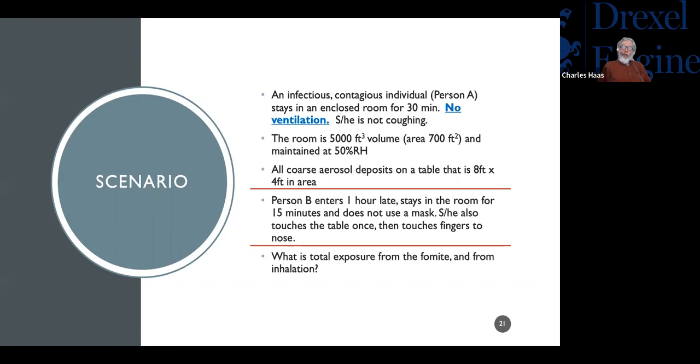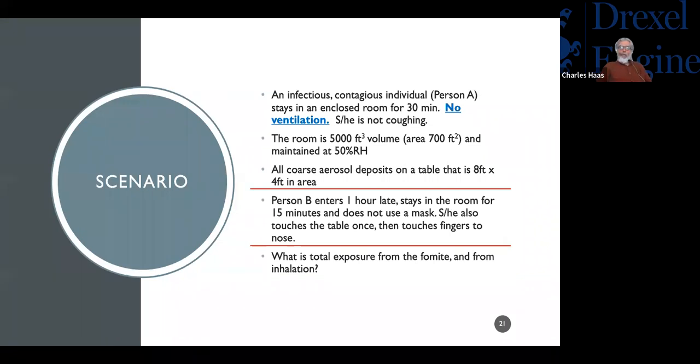An hour later, after person A has left from her 30 minutes, person B comes in and stays in the room for 15 minutes. Person B does not use a mask.